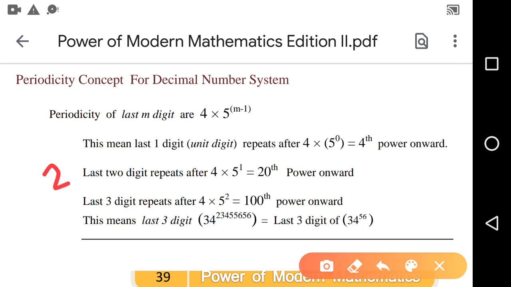Similarly, friends, if it is an even number, 2 raised to 20 mod 100, at this time the cycle starts from 2 raised to 20 mod 100.